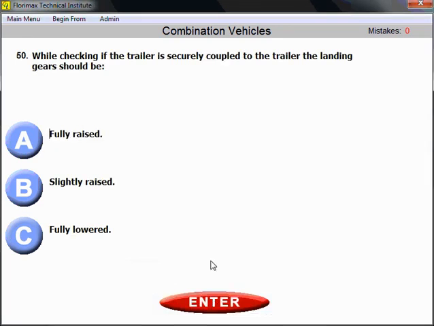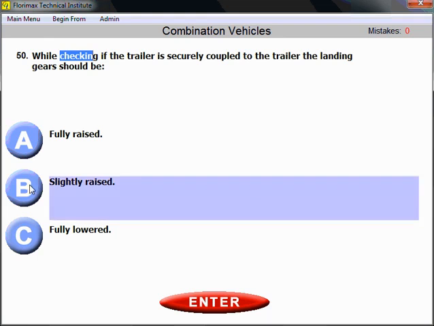Question number 50. While checking if the trailer is securely coupled to the tractor, the landing gears should be in what position? Slightly raised.